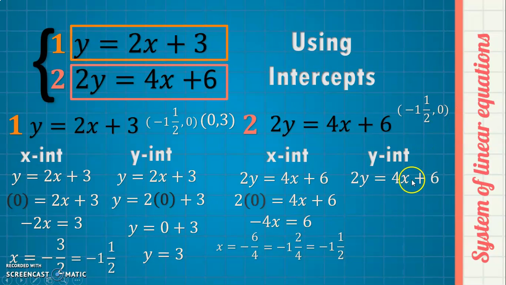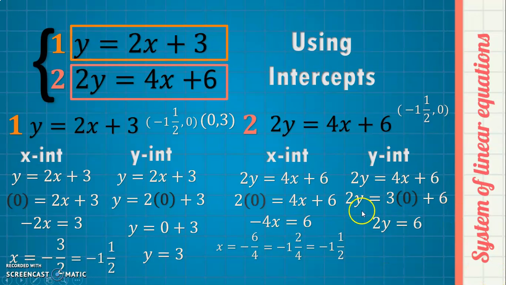My y-intercept in here is for 2y equals 4x plus 6. But I defined that my x equals 0. This way I have 2y equals 4 times 0 plus 6. Okay. I have 2y equals 6.